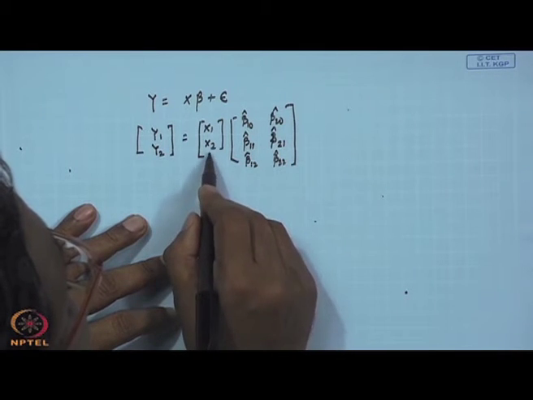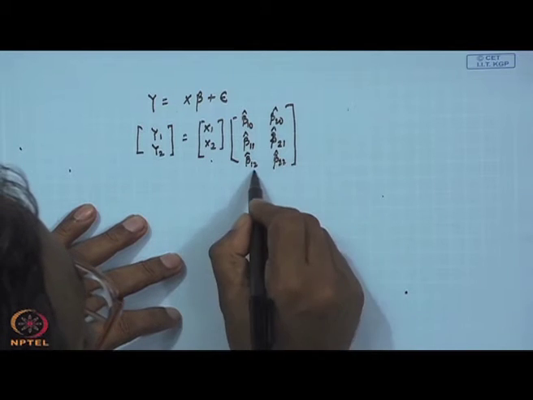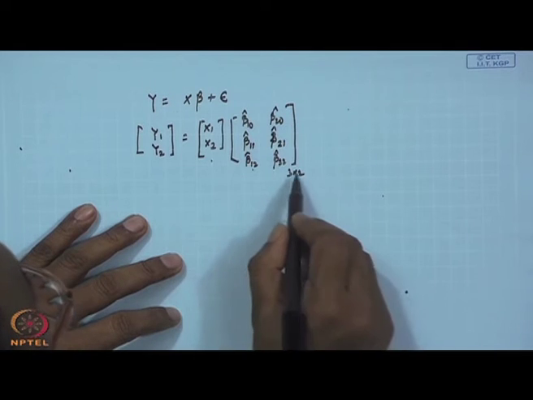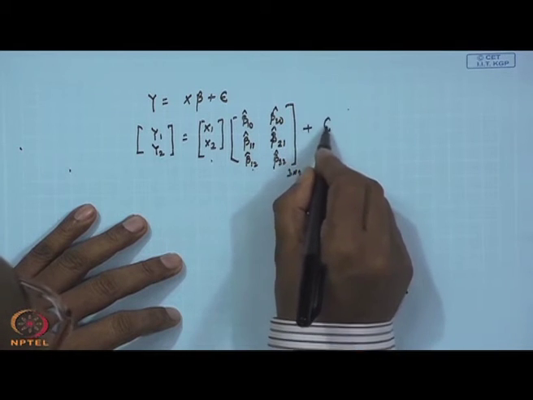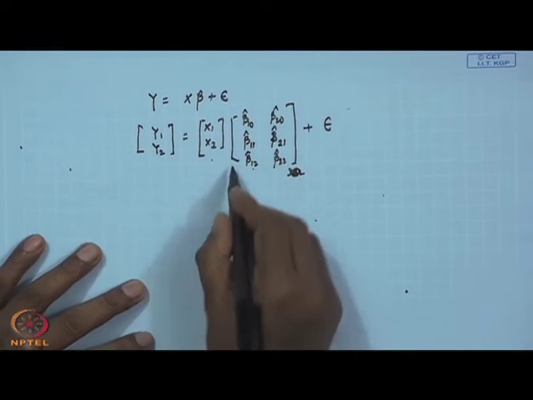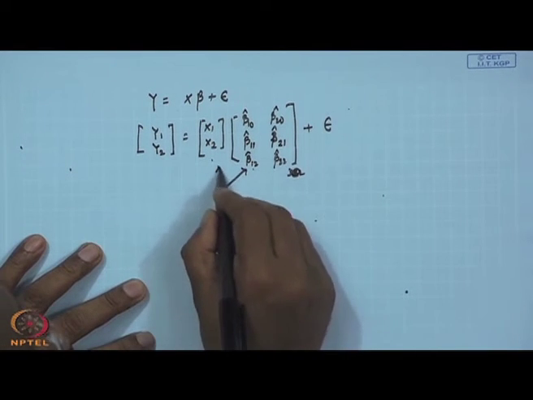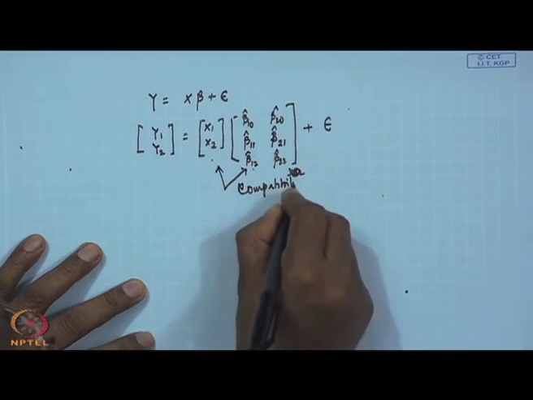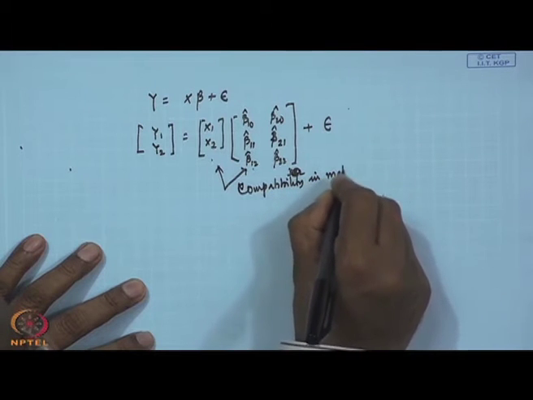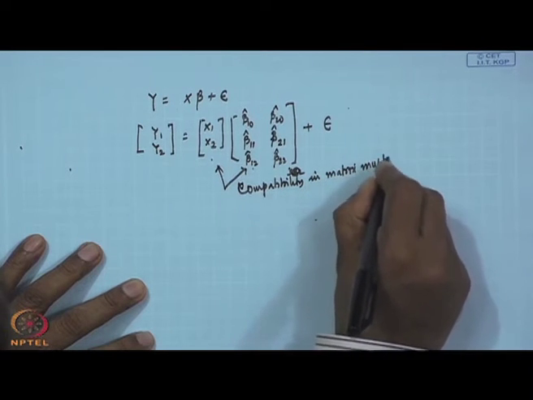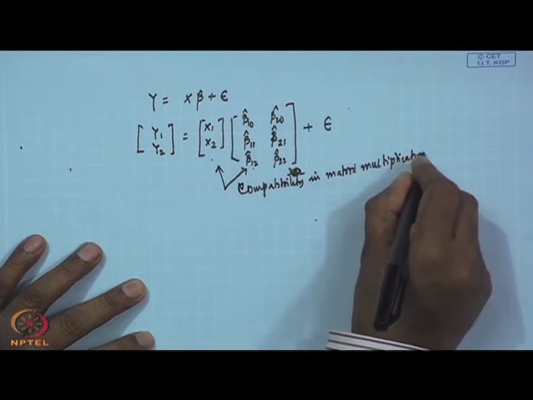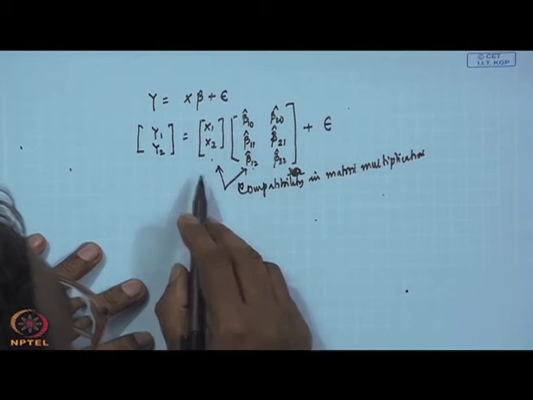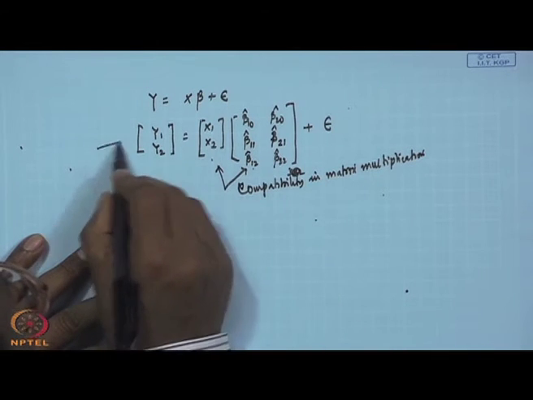If we write like this, this is 2 cross 1 and this one is 3 cross 2, so in this manner it will not work. Plus epsilon will be there. So, you have to think of matrix compatibility in multiplication. So, we will not write like this.